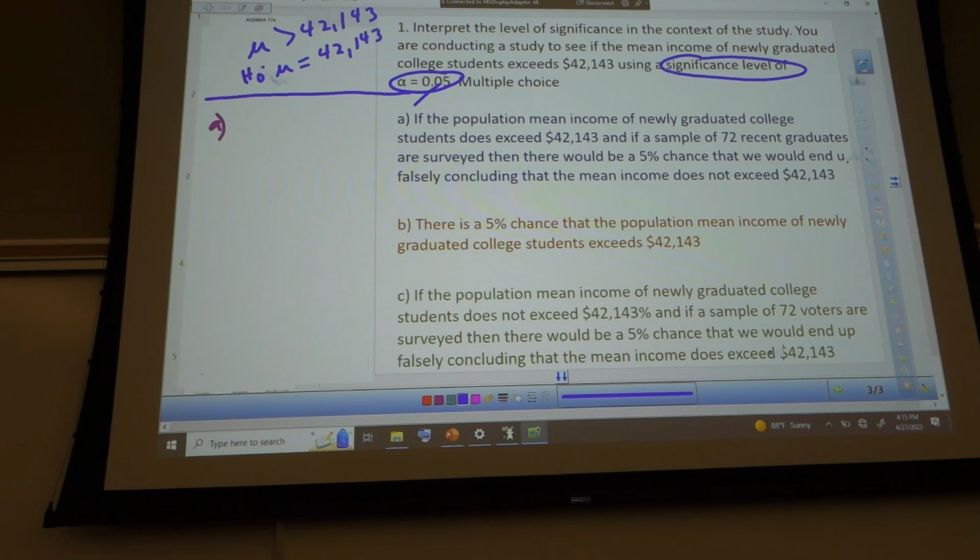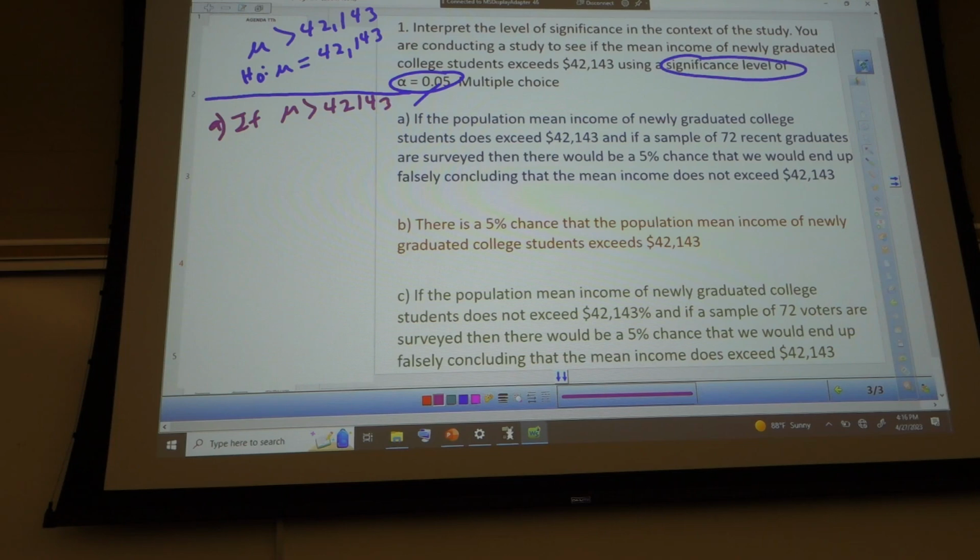All right, so then A is if the population mean does exceed 42,143. So what this is saying is if mu really is bigger than 42,143, should I reject H naught or should I not reject H naught?